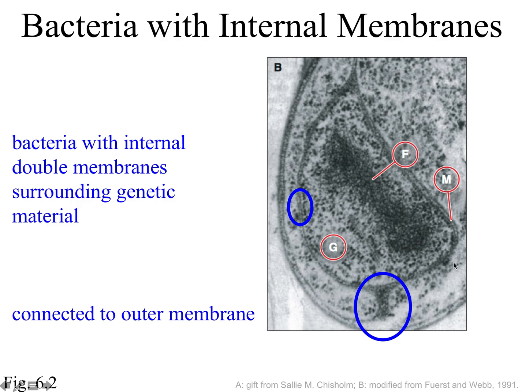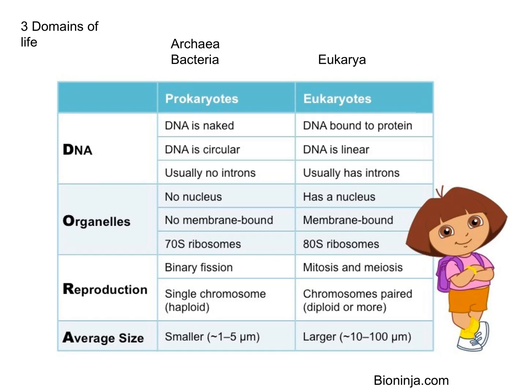A distinction is this is connected with the outer membrane, and other organelles, true organelles in eukaryotes, there is no connection to the outer membrane. Your book is saying that's a pretty lame distinction, but it is a distinction that is different between prokaryotes and eukaryotes. So in general, what's different between prokaryotes and eukaryotes?